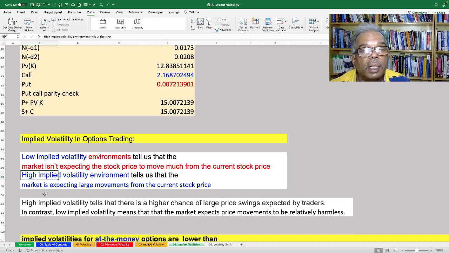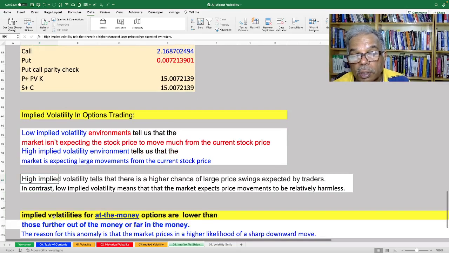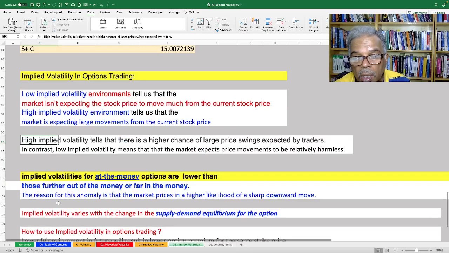A sudden change in the environment, or sudden expected news that can affect the underlying, can change the implied volatility suddenly. So with high implied volatility, there is a higher chance of large price movements being expected. In contrast, with low implied volatility, the market expects price movements to be relatively harmless.